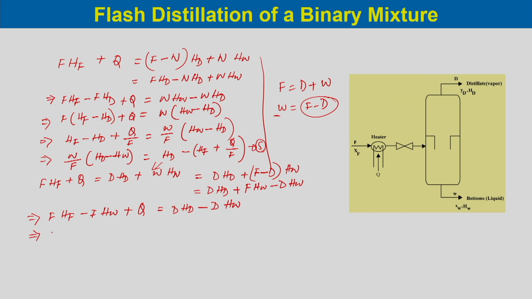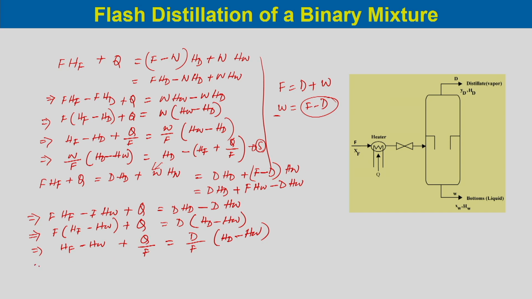Then we can write F into HF minus HW plus Q would be equal to D into HD minus HW, and again we can write HF minus HW plus Q by F would be D by F into HD minus HW.